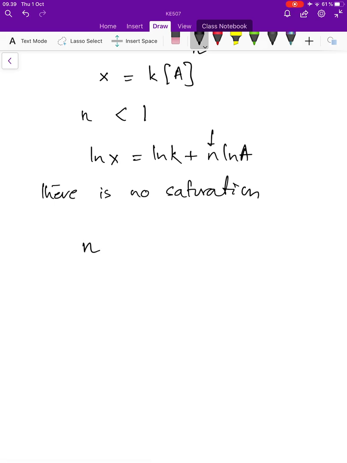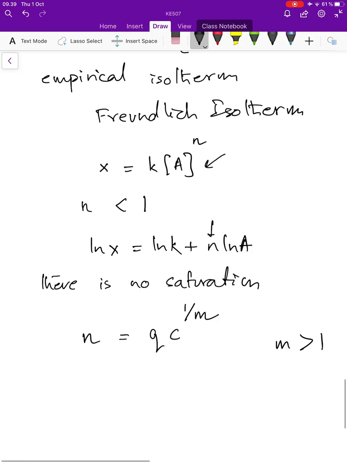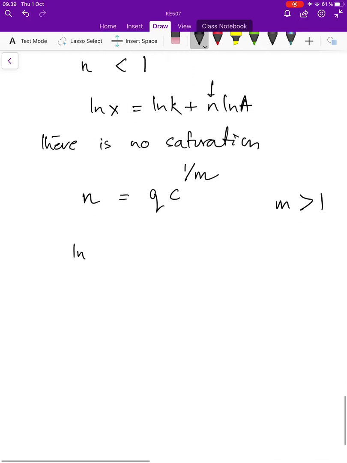Sometimes this equation is written in a different form. The number of moles or the number of occupied sites is equal to some constant Q multiplied by concentration to the power of 1 by m. And in general, m is greater than unity. This is just a different form of this equation.